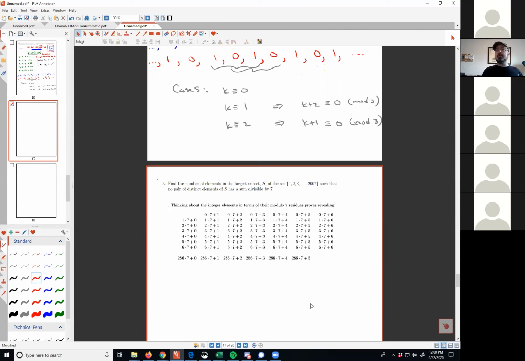But I want to point out that this problem begins to get much easier when we start thinking about all of these numbers as multiples of 7 plus a remainder, and to group them by what we call residue classes. All the numbers in the same column have the same residue, modulo 7.